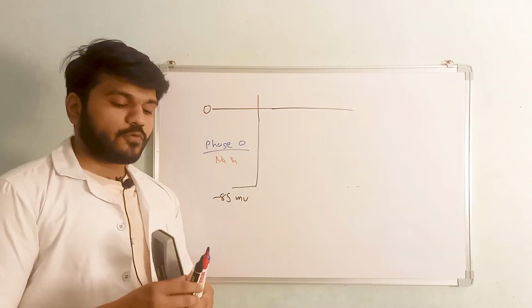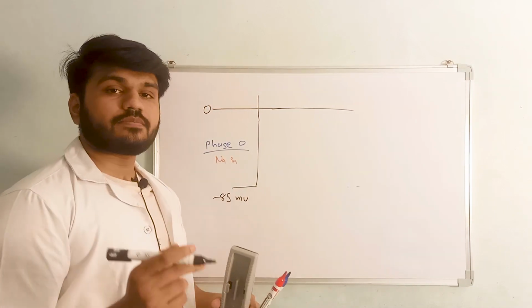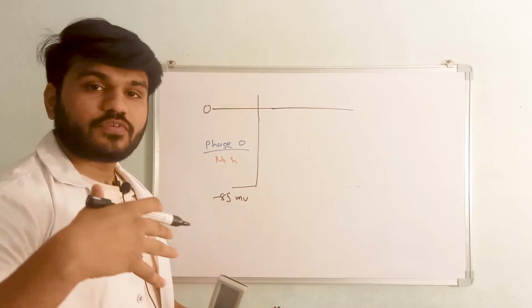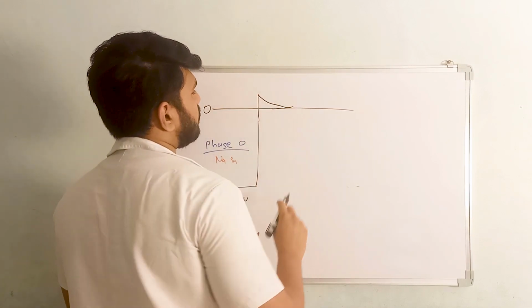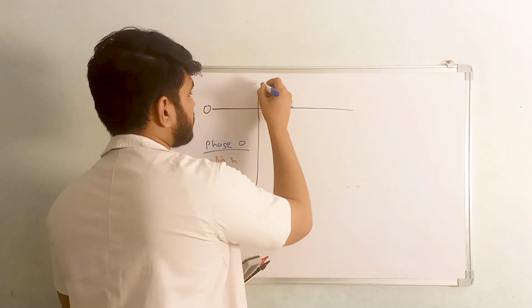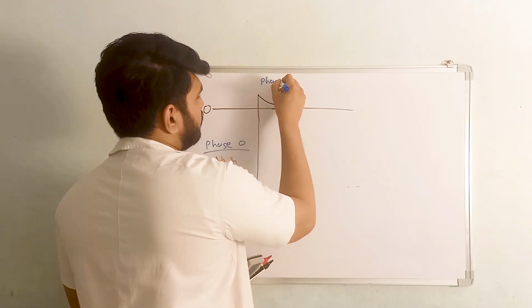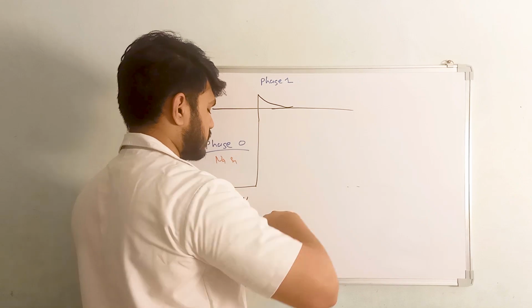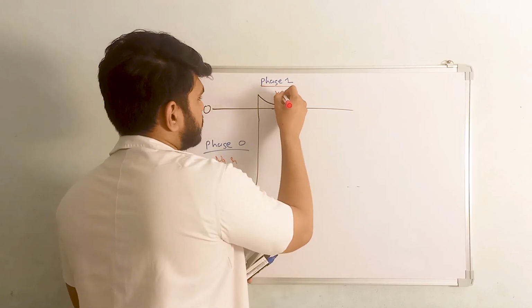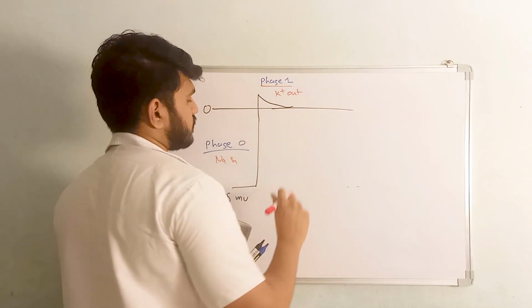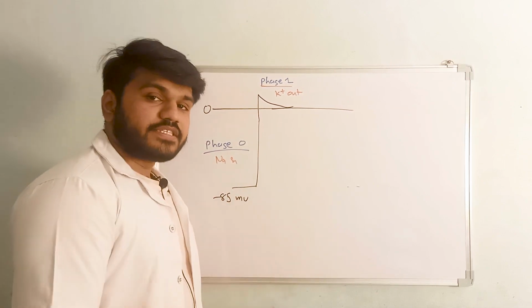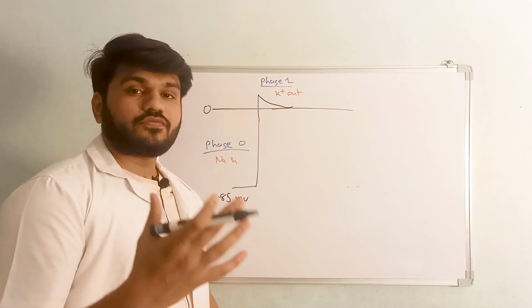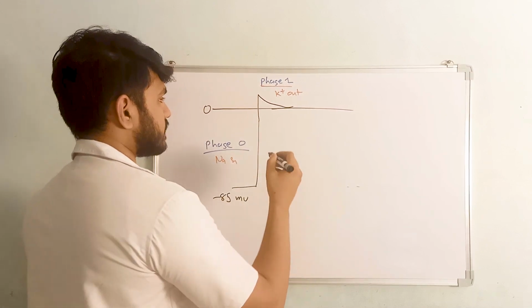So now we are going to move forward to phase 1, in which potassium channel will open and potassium will start coming out of the cell. After that, the elongated calcium channel will open and calcium will come inside the cells and potassium will keep coming out of the cell.